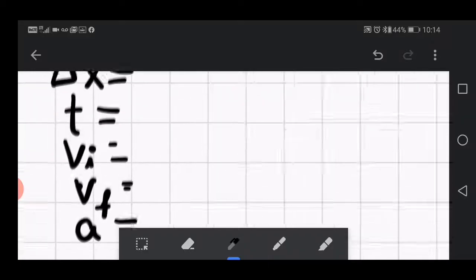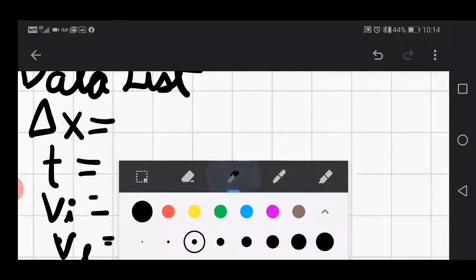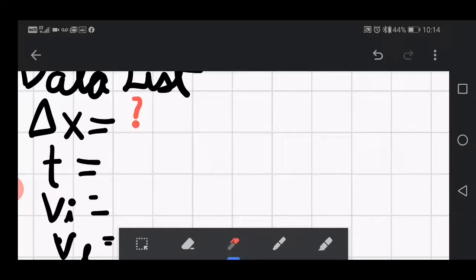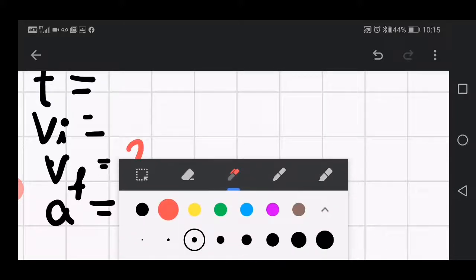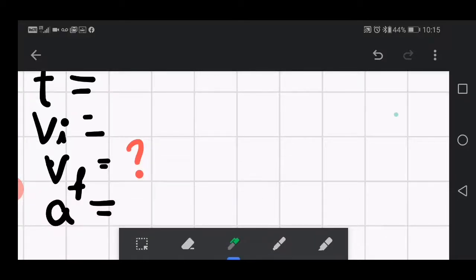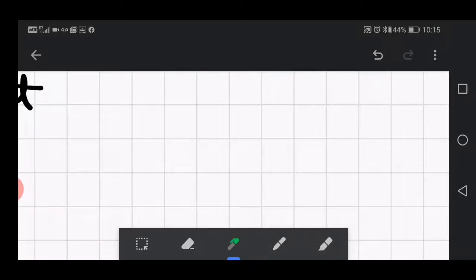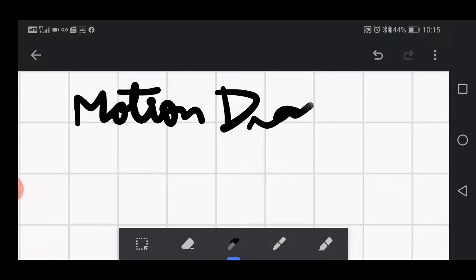Now in this situation, those 5 variables are not all known. You don't know how much the object moved, and you don't know what is the final velocity of the object. Now if you consider a possible motion diagram, that's the second part of your solution.